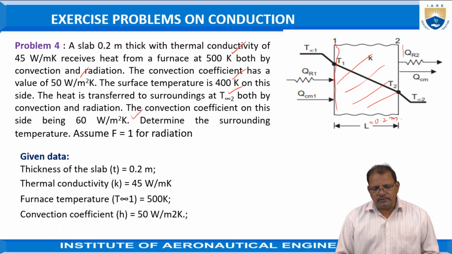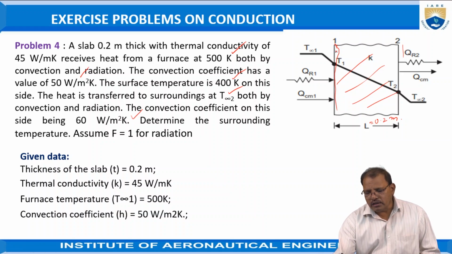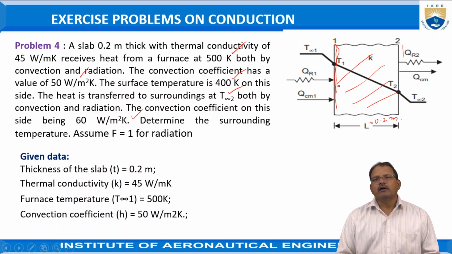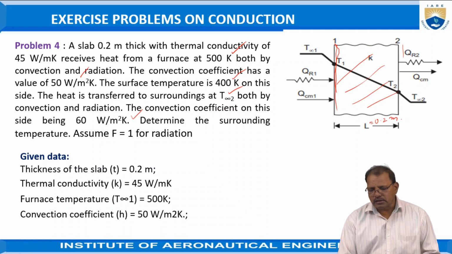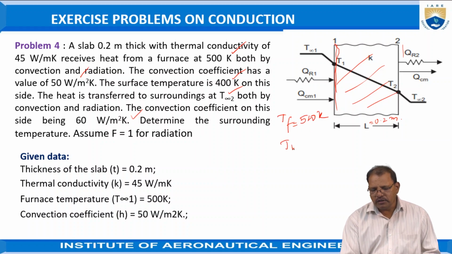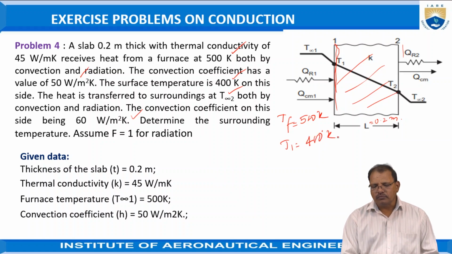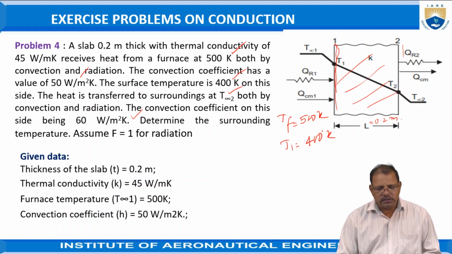Here the fluid is maintained at 500 degrees Kelvin, but while flowing, the inside wall temperature is maintained at 400 degrees Kelvin. That is, Tf is equal to 500 degrees Kelvin and T1 is equal to 400 degrees Kelvin. On this side, the heat is transferred to the surroundings. Based on this problem, we have to determine the surrounding temperature.